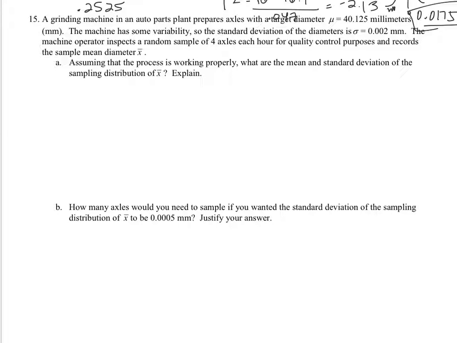So the mean, mu sub x bar, is equal to mu, which is equal to 40.125 millimeters. The standard deviation, so we've got to do the 10% condition.